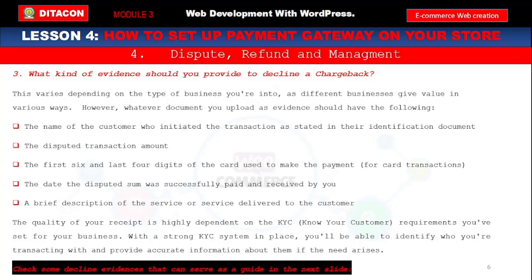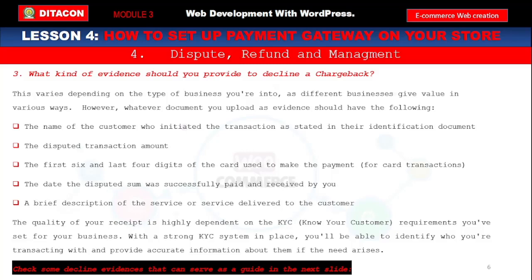It is important because a day like this can come up and you'll be able to defend yourself. You know whom you are really dealing with. With a strong KYC system in place, you'll be able to identify who you are transacting with and provide accurate information about them if the need arises.